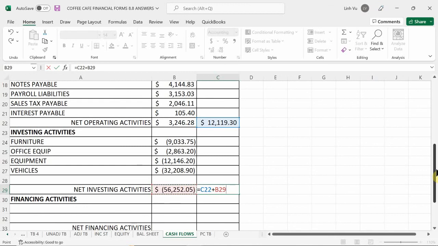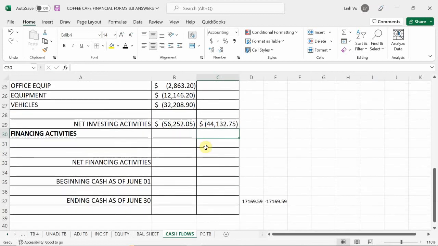And what do I get? You're in the red for 44,132.75. Okay, good, right?